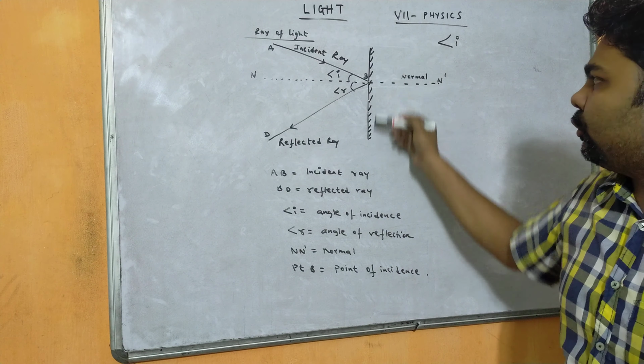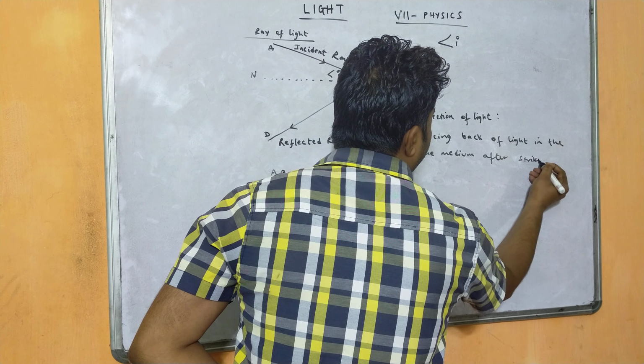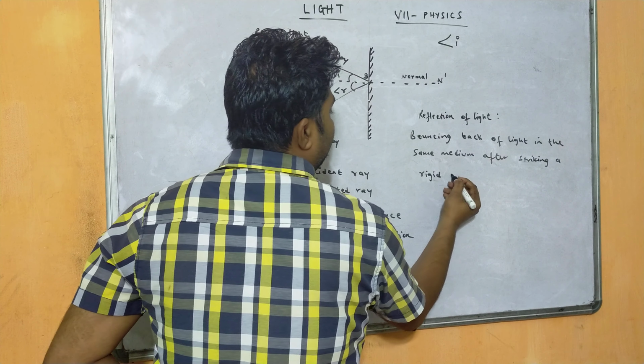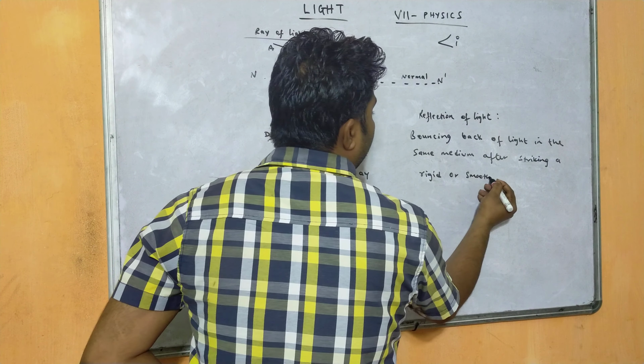Reflection of light means bouncing back of light in the same medium after striking a rigid or smooth surface.